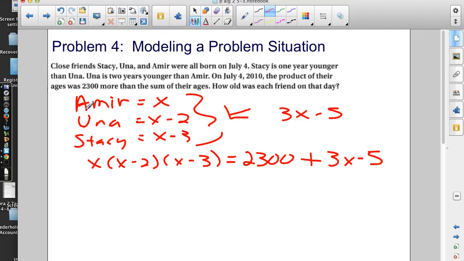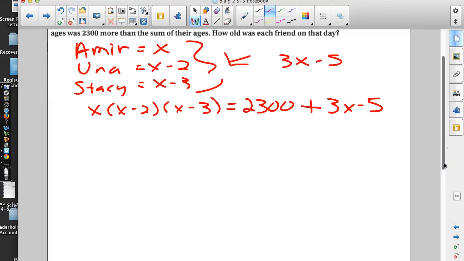So that means we're going to have to do the multiplication, we're going to have to do the addition and all of that. So we'll start over here by doing some FOIL. And then a little bit of combining like terms over here. Not that, because I still need to distribute my x.